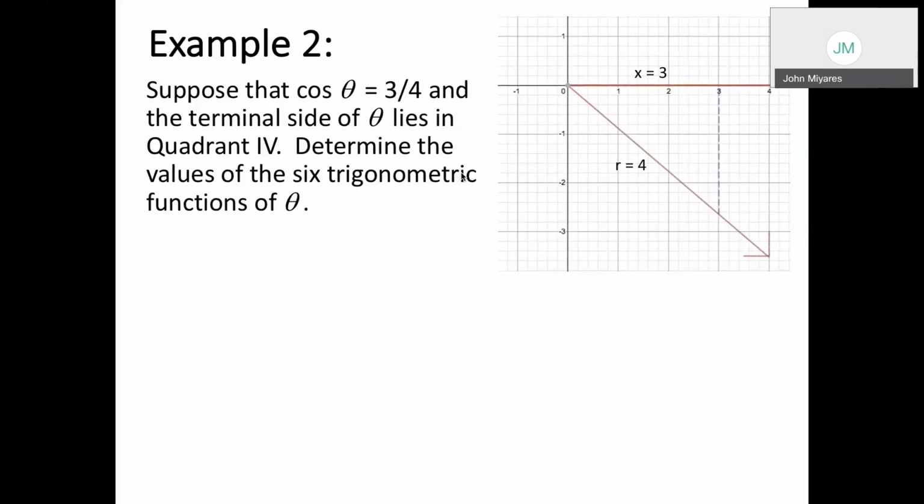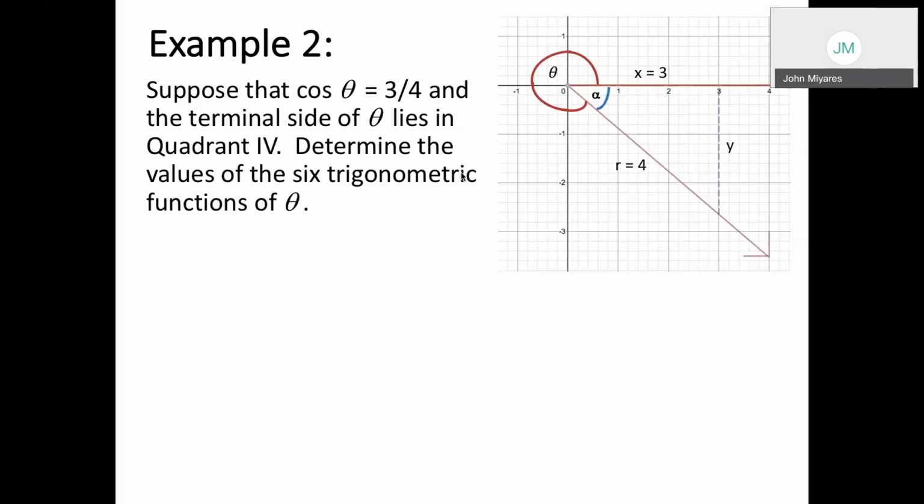This is what will help us create the idea of having an angle whose cosine is 3/4. Adjacent over hypotenuse, x over r, is 3/4. The opposite side is y, which is unknown for the moment. Angle theta is this big angle wrapped all the way around, and the reference angle alpha is this small one going back to the positive x-axis.